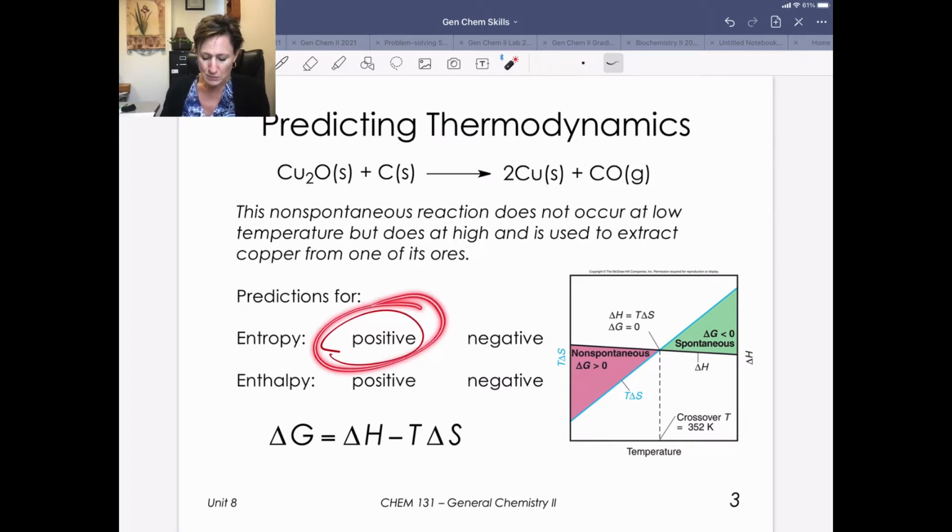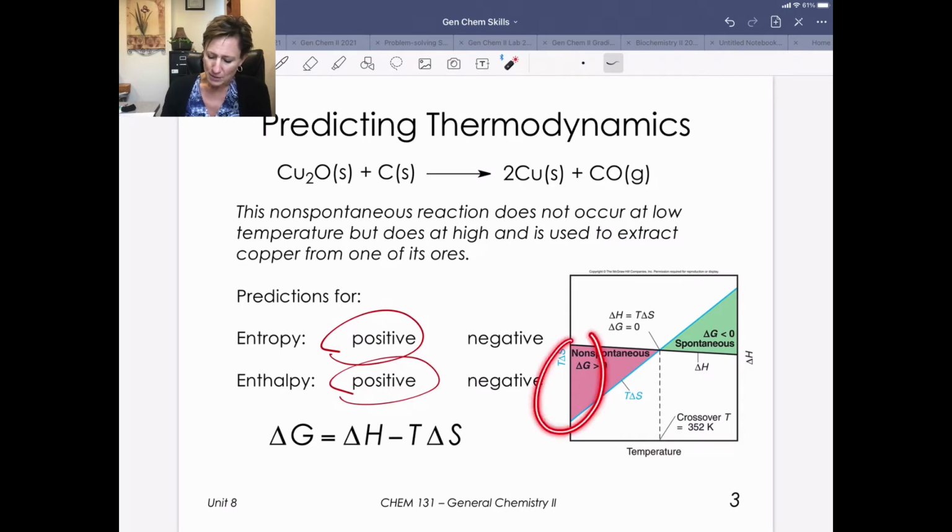So entropy is positive. Well, since this is a reaction that we already said has a temperature dependence, that must mean that enthalpy is not helping us. So if enthalpy is not helping us, we know that enthalpy must also be positive. It must be an endothermic reaction. So if that's the case, we can see this: the lower the temperature is, the more unfavorable this process is.